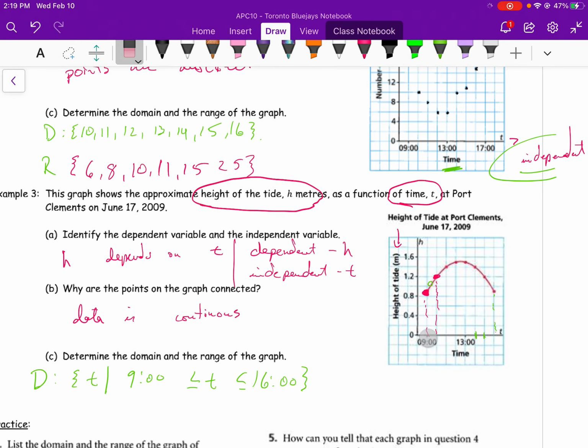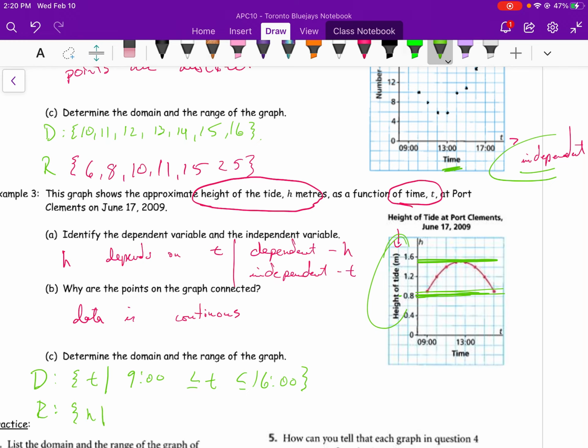Whereas my range is talking about dependent. Range, the lowest it is here, and the highest it goes up to there. Now let me interpret what those numbers mean. So for my range, now range is height.